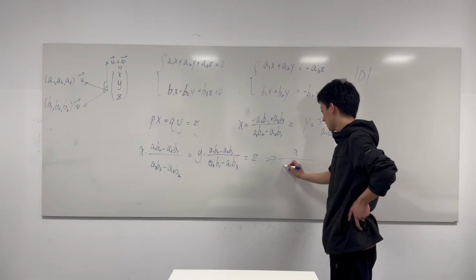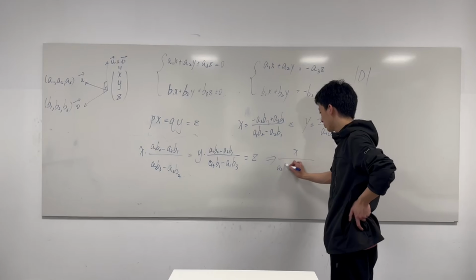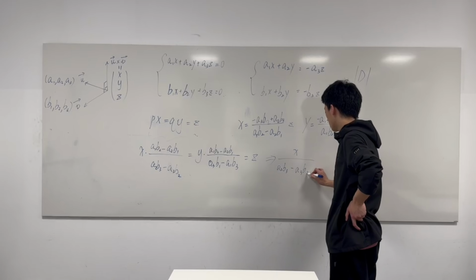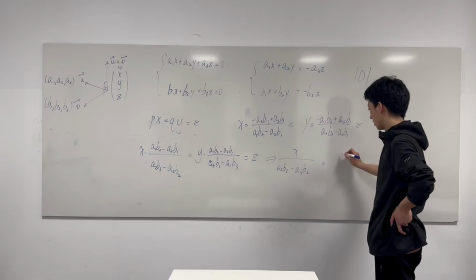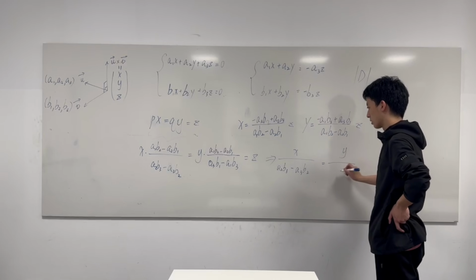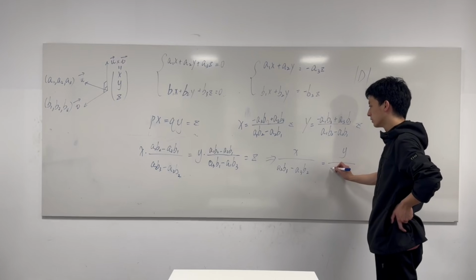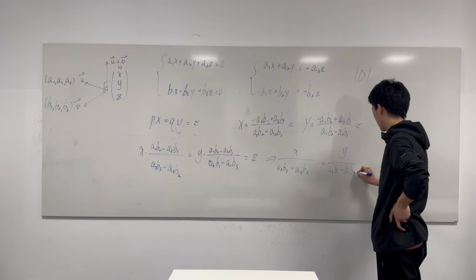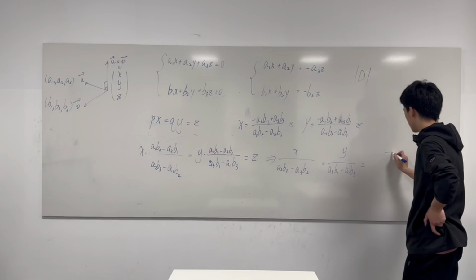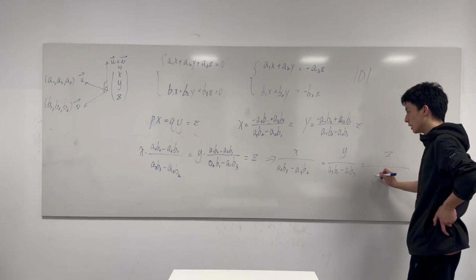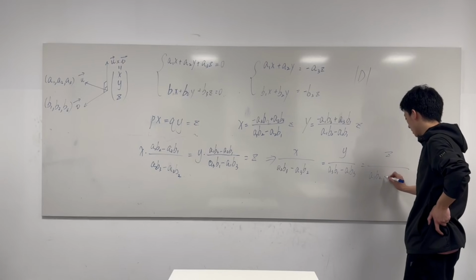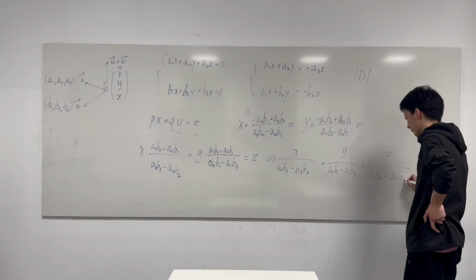So we can get x over a2b3 minus a3b2 equals y over a3b1 minus a1b3 equals z over a1b2 minus a2b1.